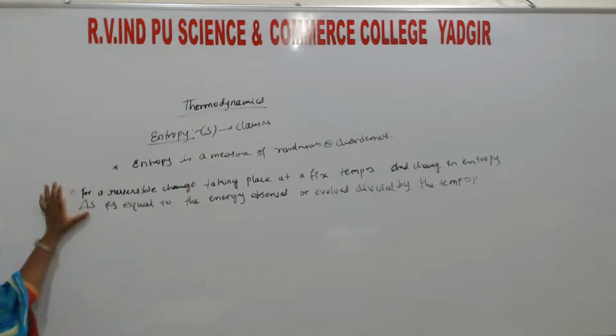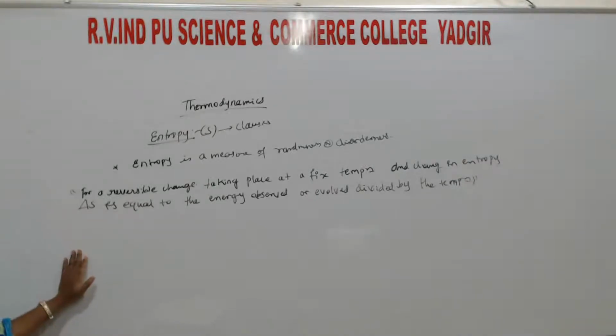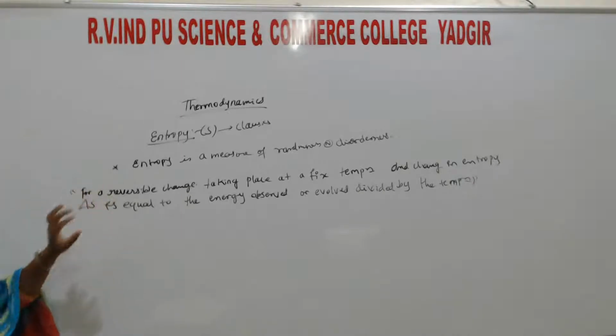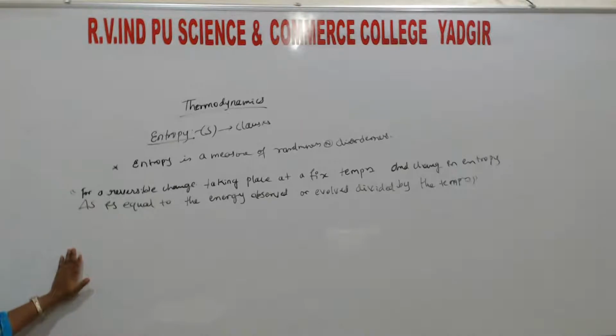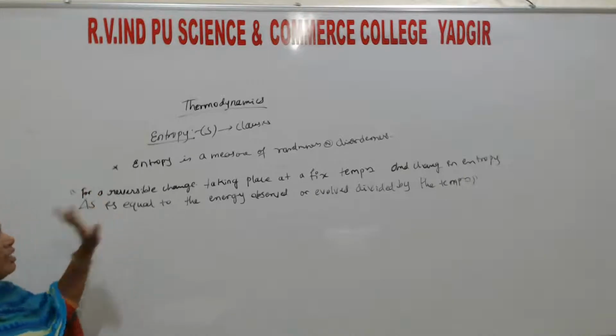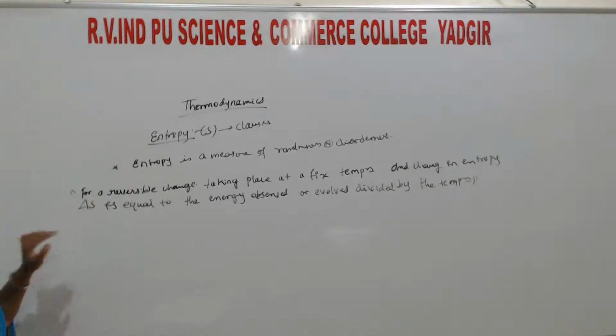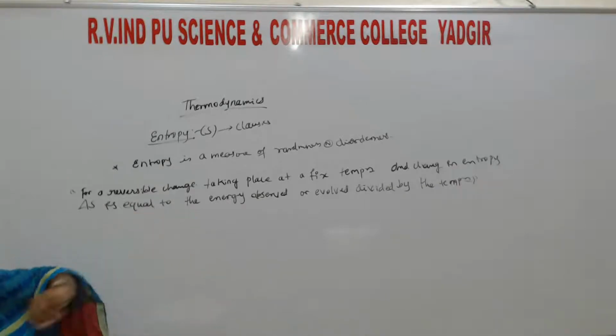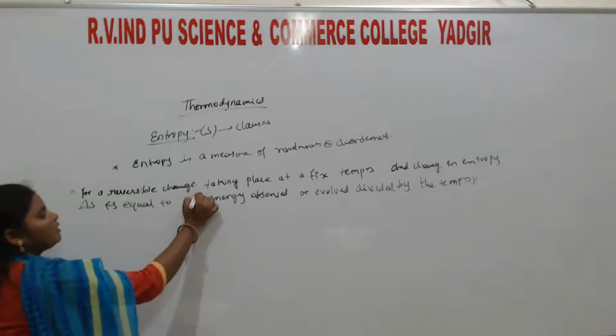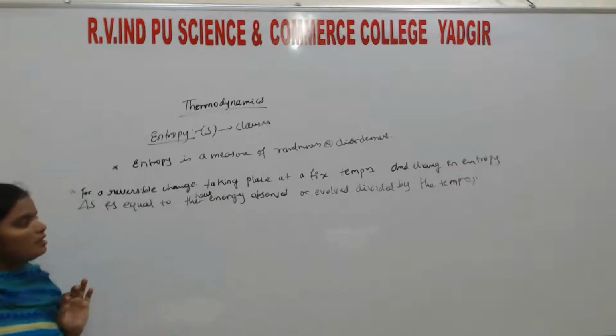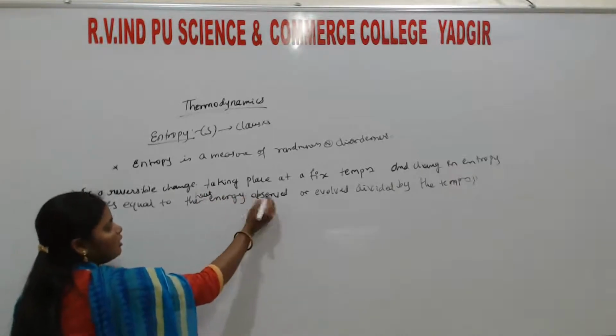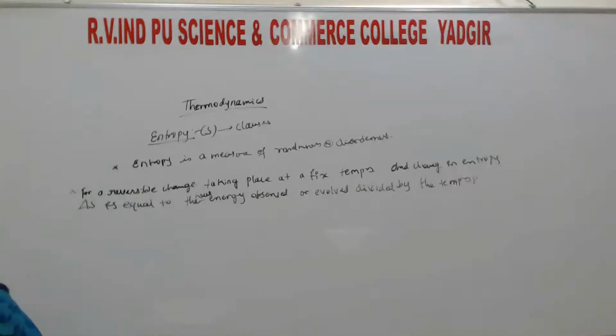For a reversible change taking place at a fixed temperature, the temperature is fixed and the reaction is reversible, the change in entropy delta S, where S is entropy and delta S is the change in entropy, is equal to the heat energy absorbed or evolved divided by the temperature T.